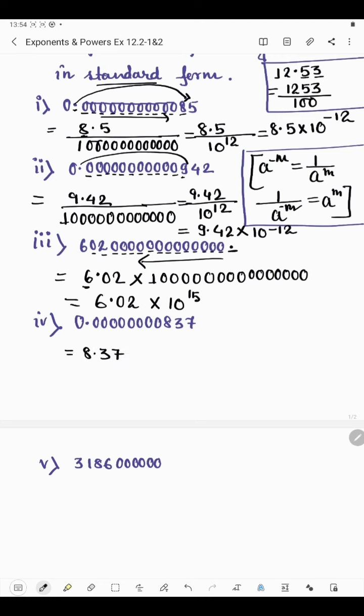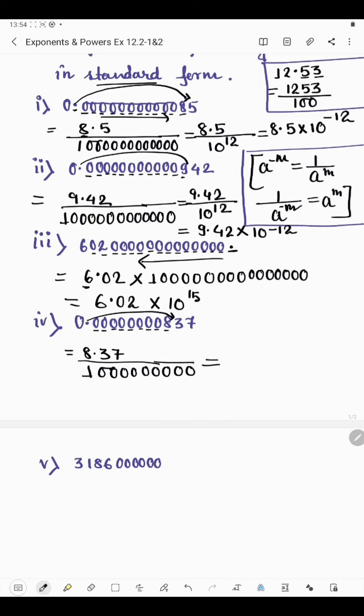Now we will check after how many places the decimal is shifted. So it's 1, 2, 3, 4, 5, 6, 7, 8, 9. It's 9 places to the right. Okay, so with 1 there will be 9 zeros. 1, 2, 3, 4, 5, 6, 7, 8, 9.